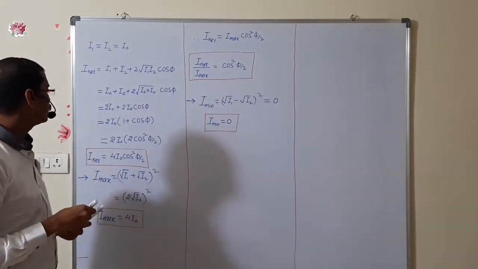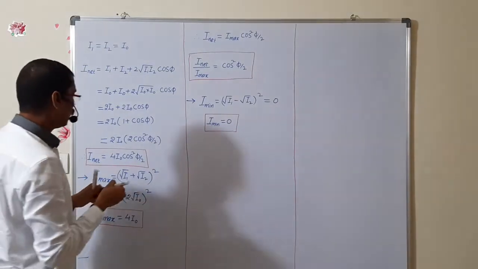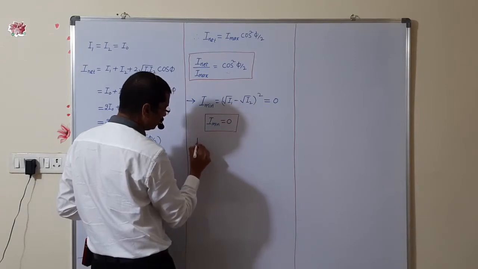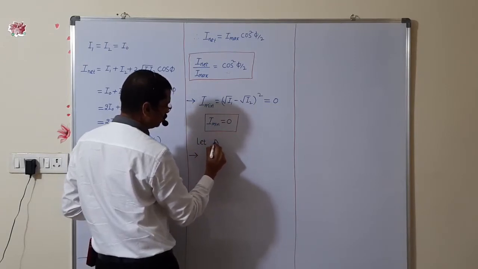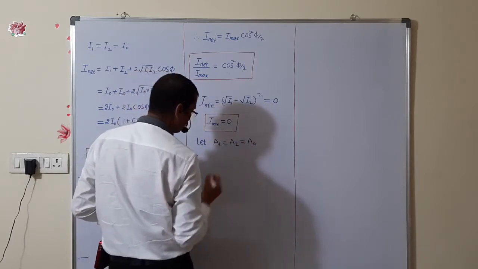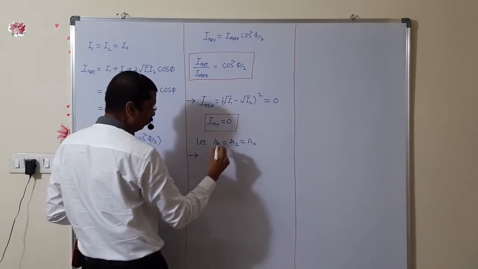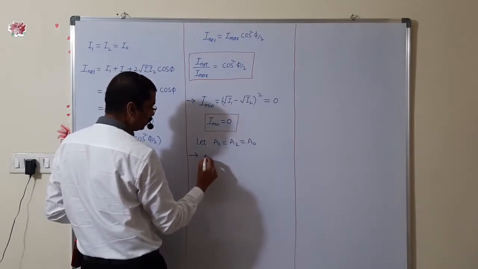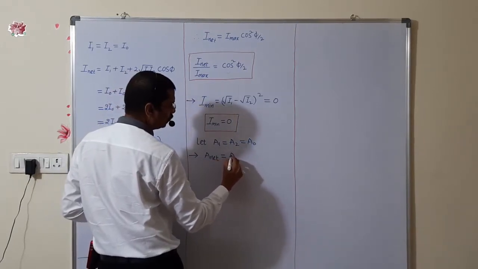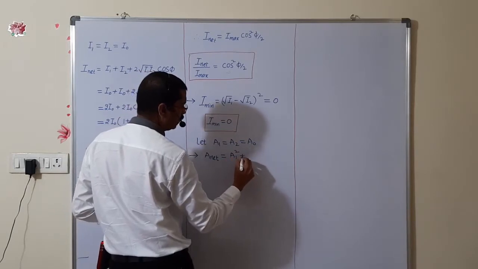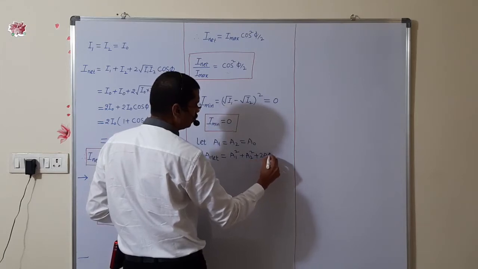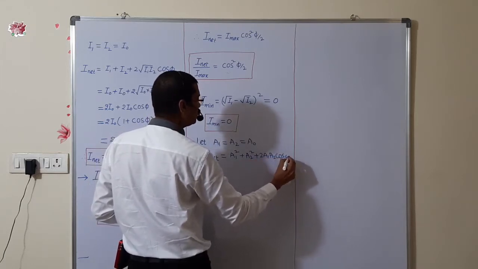The same thing we can discuss in terms of amplitude also. If we want to find the maximum amplitude, let A1 is equal to A2 is equal to A0. Now A net, what is the formula? A1 square plus A2 square plus 2A1 A2 cos phi.